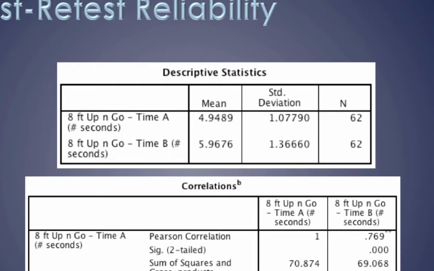I'm going to take a quick side note here. Notice that whenever we're pulling data from SPSS, round 2 decimal places to the right. So notice time point A, average is 4.95 with a standard deviation of 1.08. Time point B, average 5.97, standard deviation 1.37.